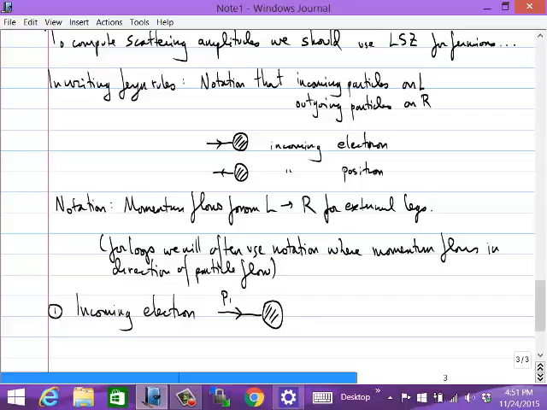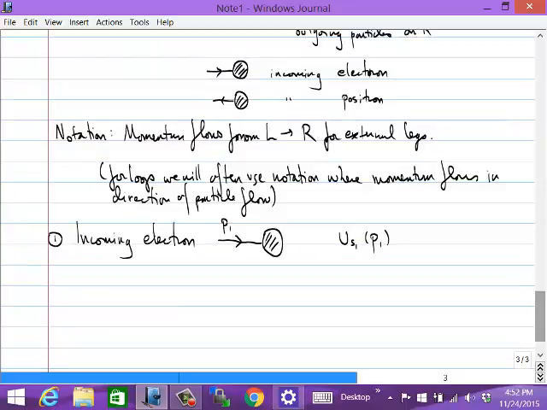And when you have some incoming electron in a Feynman diagram process, you need to specify the polarization of that electron, which we called U of P. Here S is an index that labels the two possible different polarizations of an electron. So I've introduced an index S1 here that can be either 1 or 2, depending on whether we have polarization 1 or polarization 2.